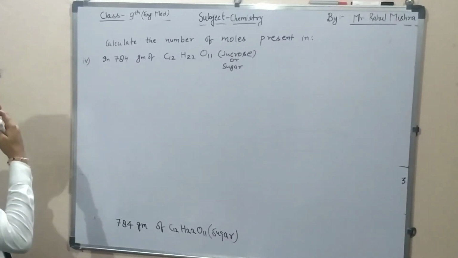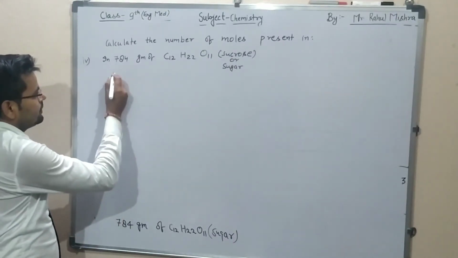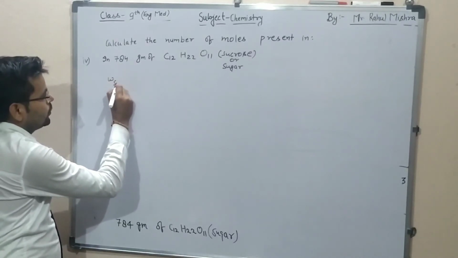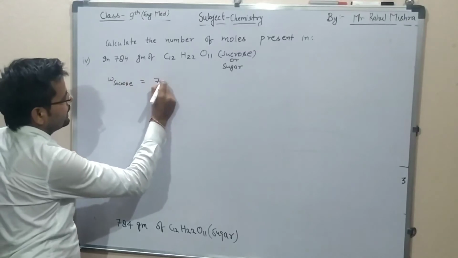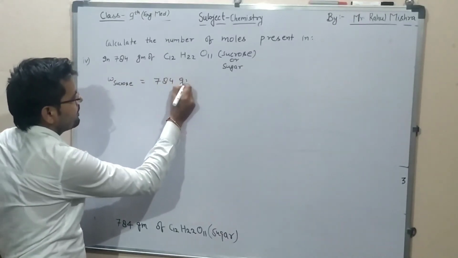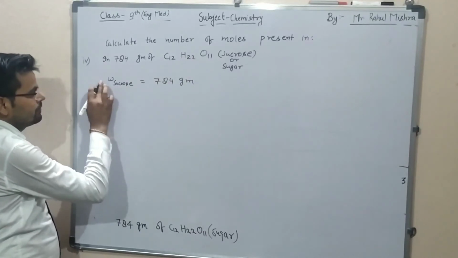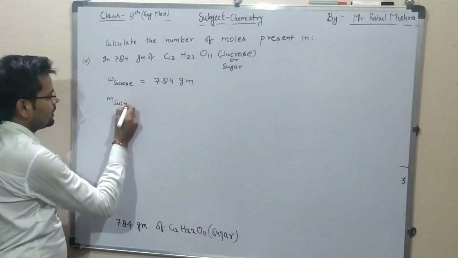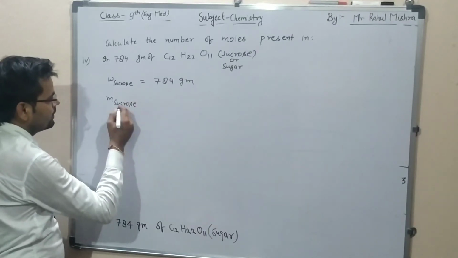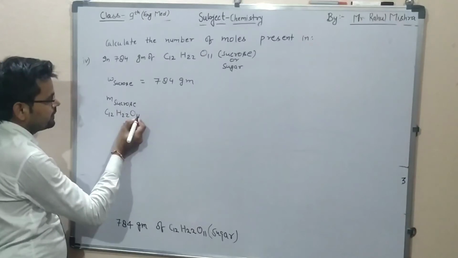So listen, W of sucrose or sugar is 784 gram. Now we calculate the molecular mass of sugar. So the given mass of sucrose is 784 gram and the molecular mass of sucrose or sugar, its formula is C12H22O11.